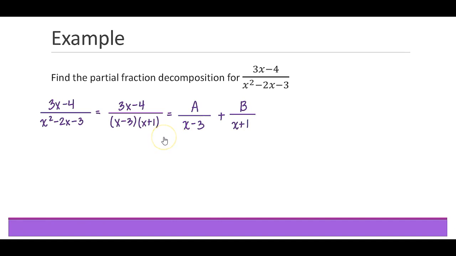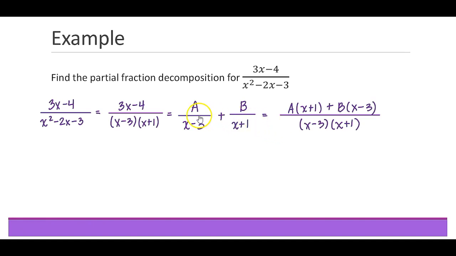To add it back together, we're going to have that common denominator of x minus 3 times x plus 1, and the A on the top would need to get multiplied by the x plus 1, so we'd have A times the quantity x plus 1, and then the numerator constant B would have to get multiplied by x minus 3, so we have plus B times x minus 3.